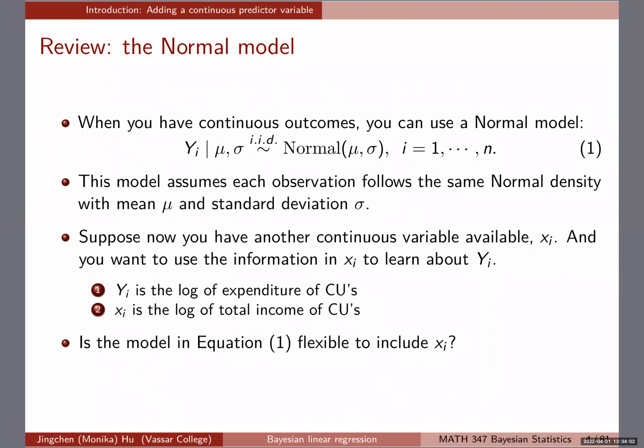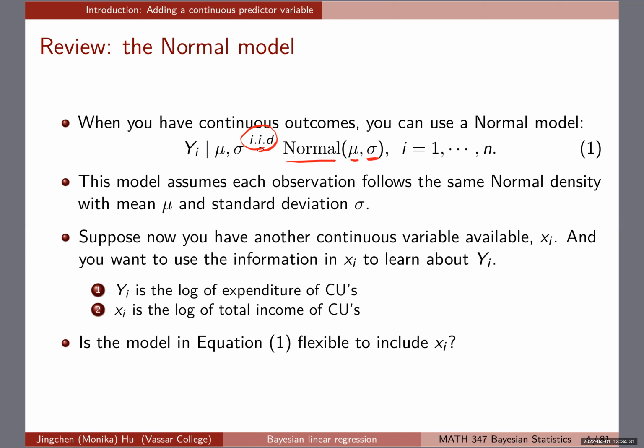All right, so this is equation one, that is the normal model that we used to know. Okay, so here we have IID, which stands for independently and identically distributed. That is to say that all of the Yi's follow exactly the same distribution, normal with mean mu and sigma as the standard deviation. So there is nothing specific to observation i as we set up the model in equation one. Okay.